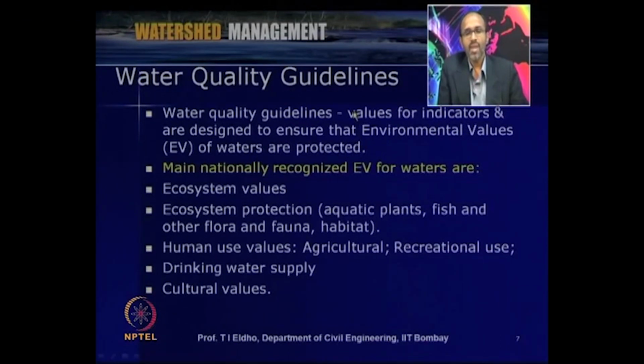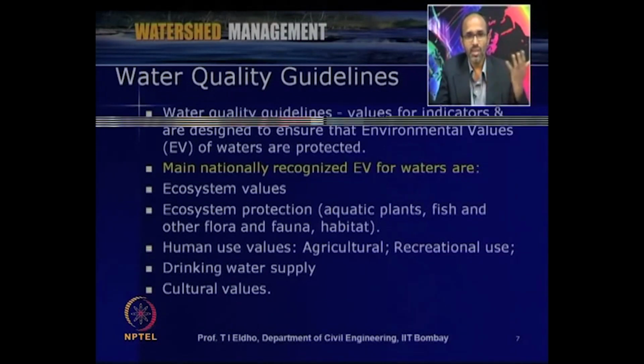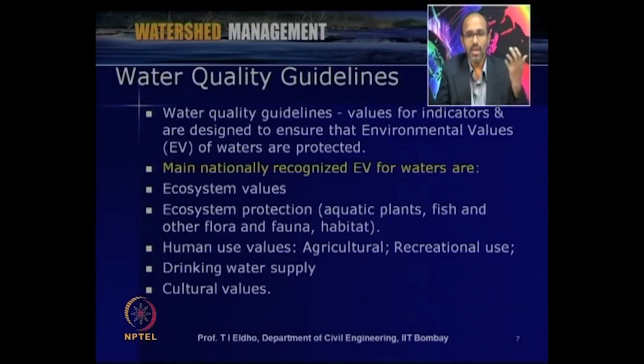For example, if we consider water for drinking or other purposes, say arsenic limit or fluoride limit, or the total dissolved solids limit or BOD limit or COD limit, we have to specify the indicators, and then accordingly the environmental values to be specified, and we have to ensure that these are met for the particular samples which we will be doing as far as the water quality monitoring is concerned.